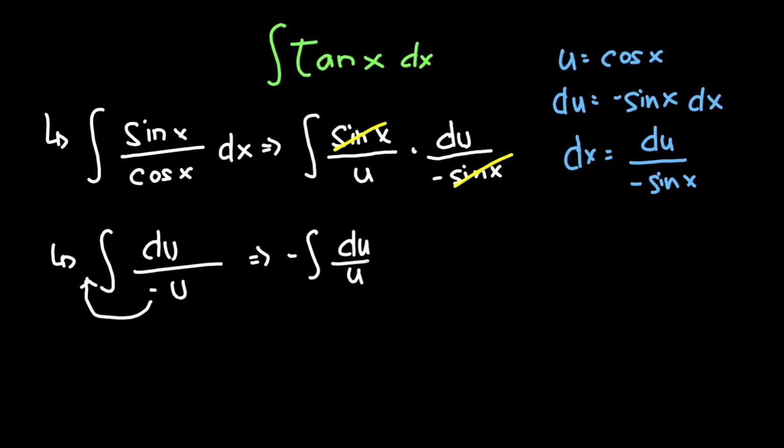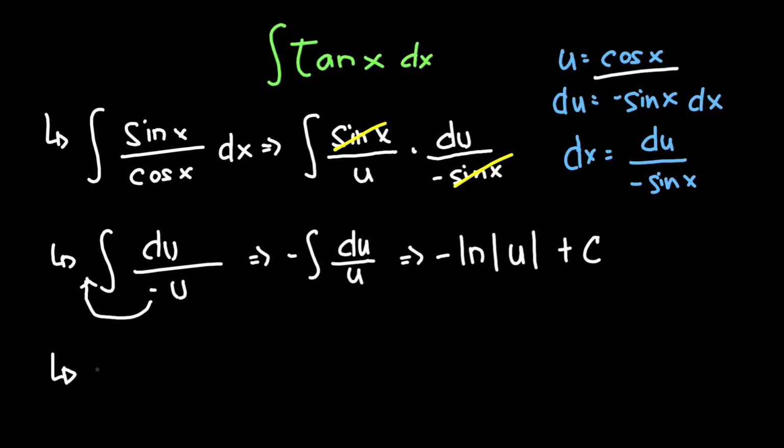Now, this is a logarithmic integral, and the answer for this would be equal to natural log of the absolute value of u plus the constant of integration. So, substitute u back into its original form. U here would be equal to cosine of x.